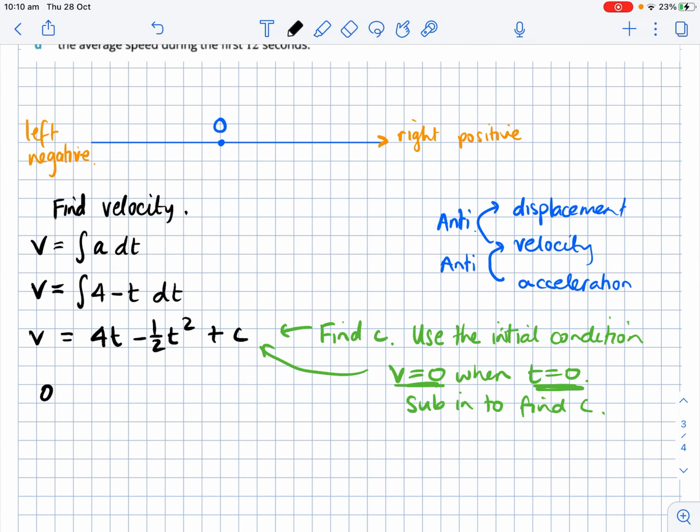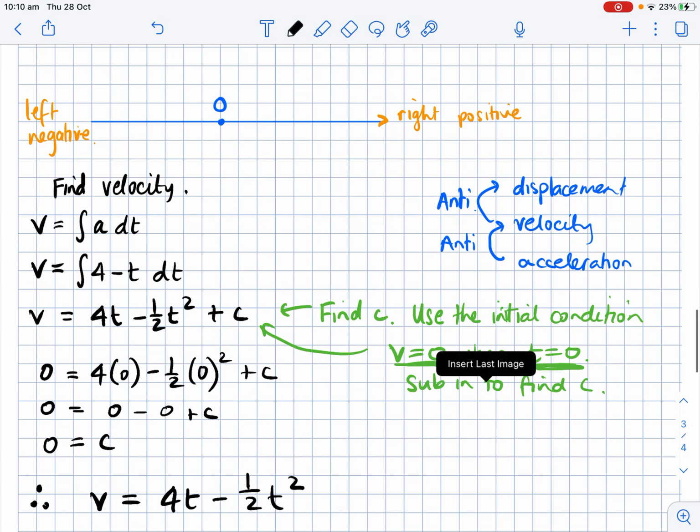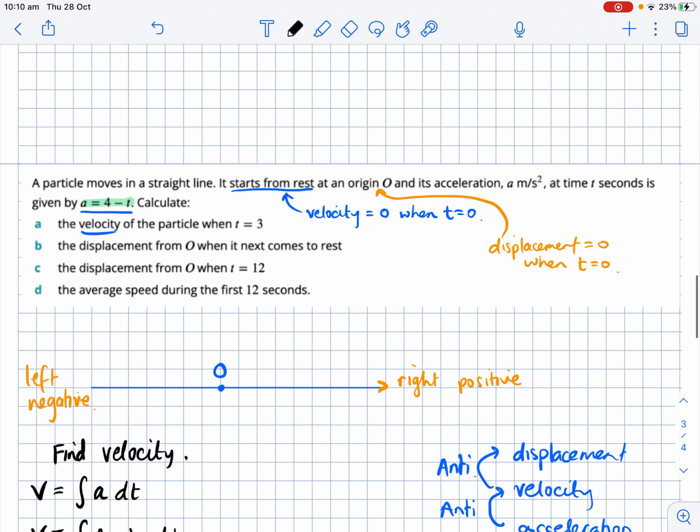And you can possibly have already done that in your head and worked out that c is going to be 0, but I'm going to show that step anyway, because then I've clearly communicated all of my working out. And I get c equals 0. So now I'm going to write, therefore, my equation for velocity is equal to 4t minus a half t squared. All right, let's quickly go back to the question. What was it asking me to do?